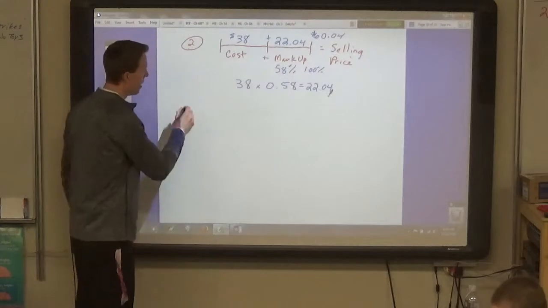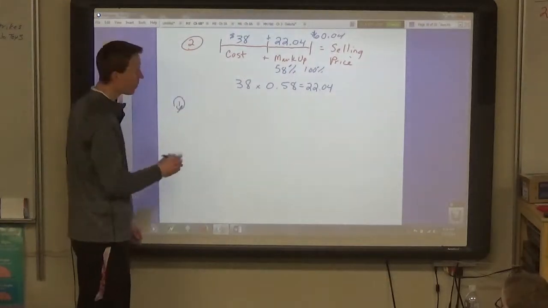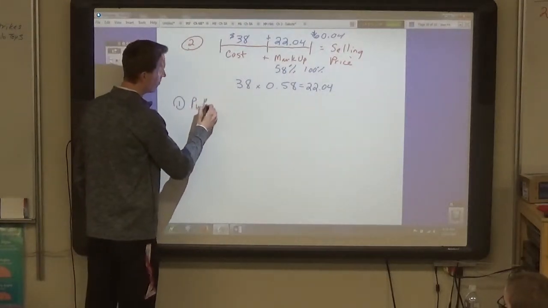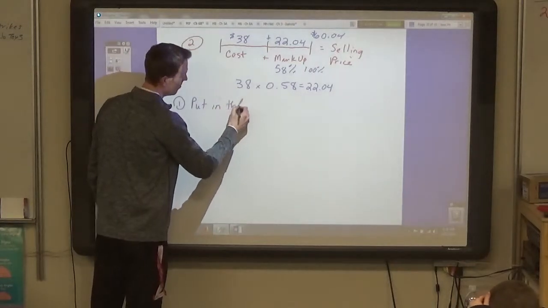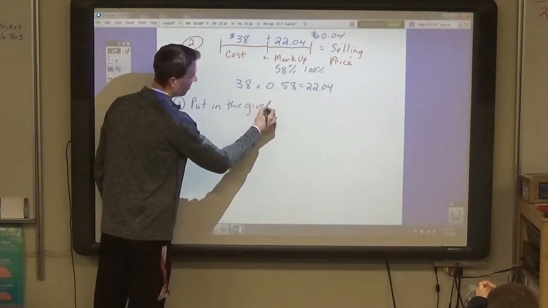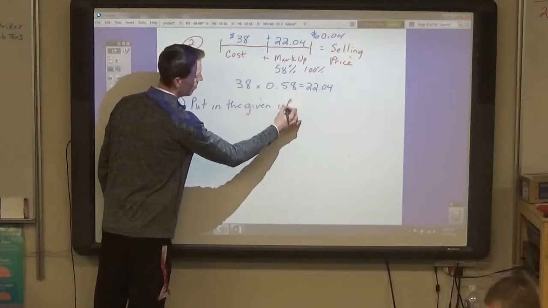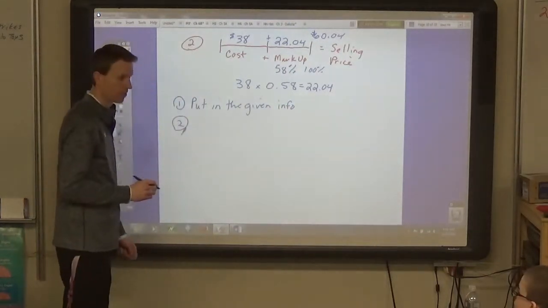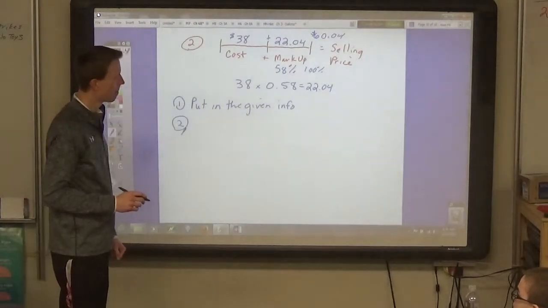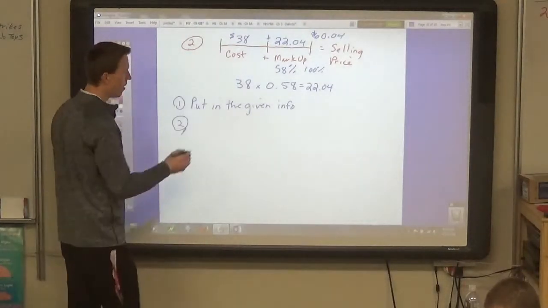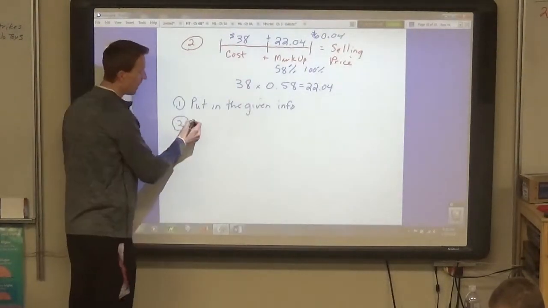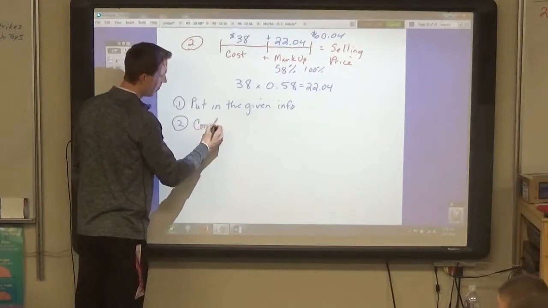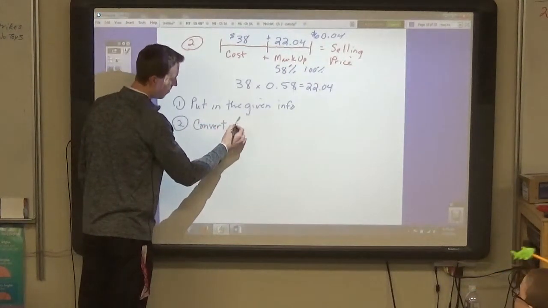Well, we have to first put in the given information. So $38 plus the percent of markup, which is 58%. We have to convert percentages to decimals. So that's 0.58.